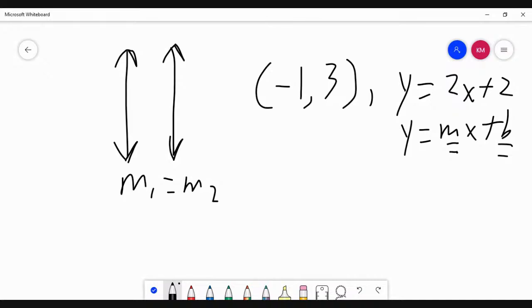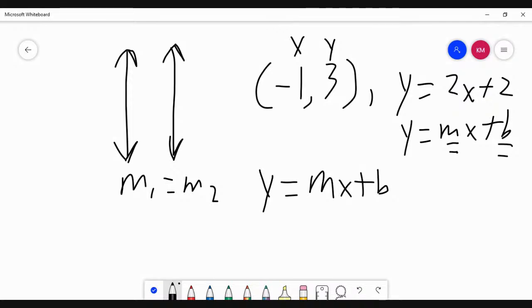First, I will write y equals mx plus b. You have your slope, you have your x, you have your y. Now you must find your b. Your b is your y-intercept.